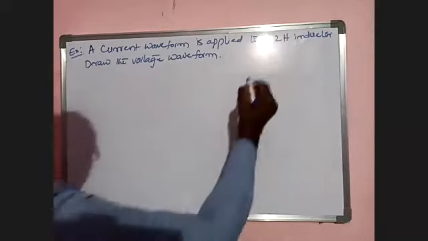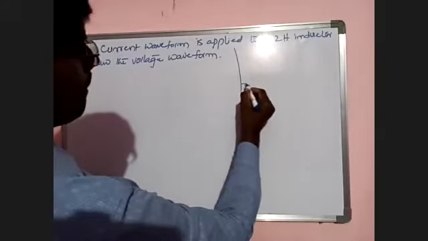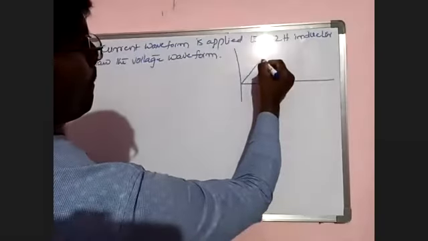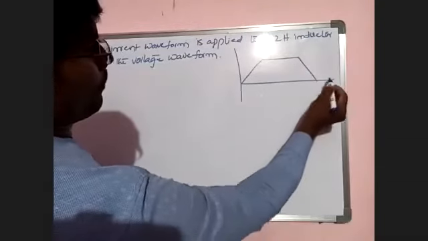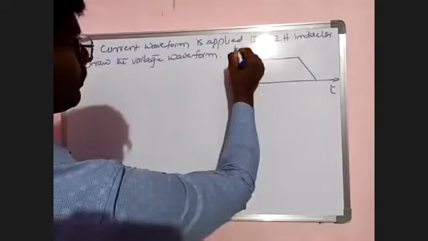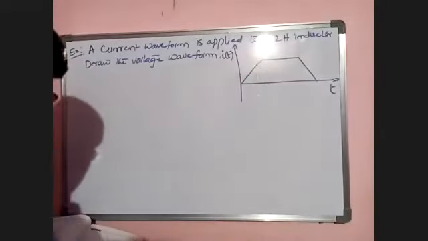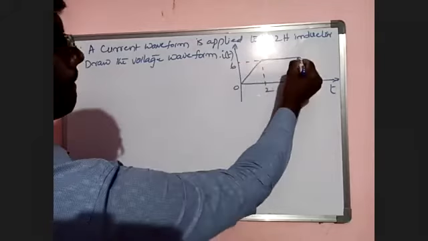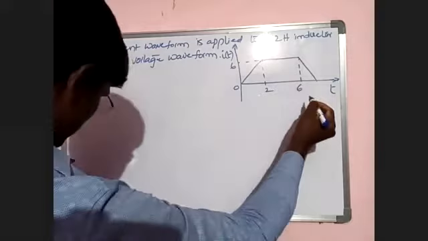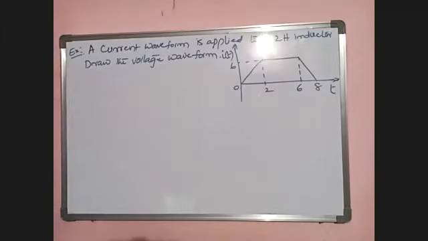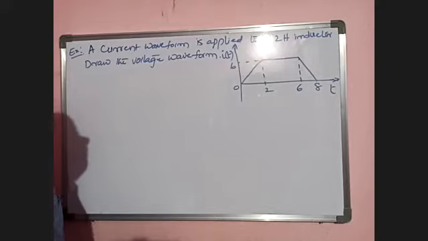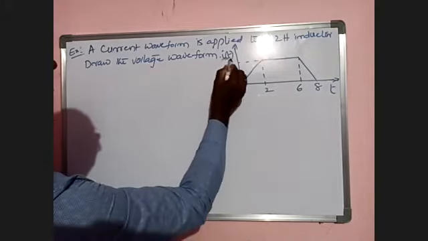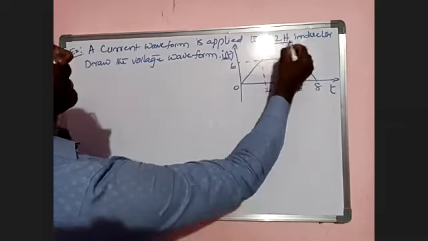The current waveform is given as shown, with points at 0, 6 and 8. This is the current waveform. A current waveform is applied to a 2 Henry inductor.